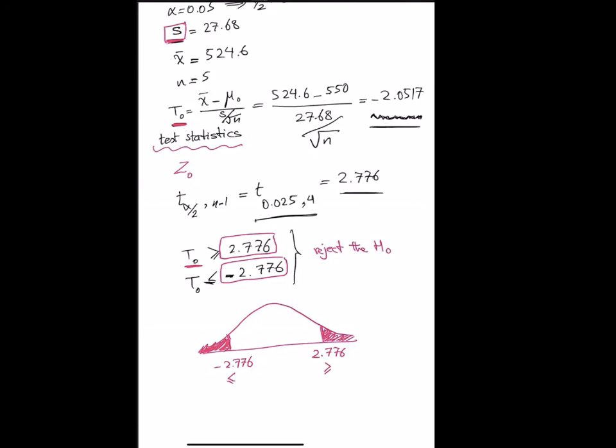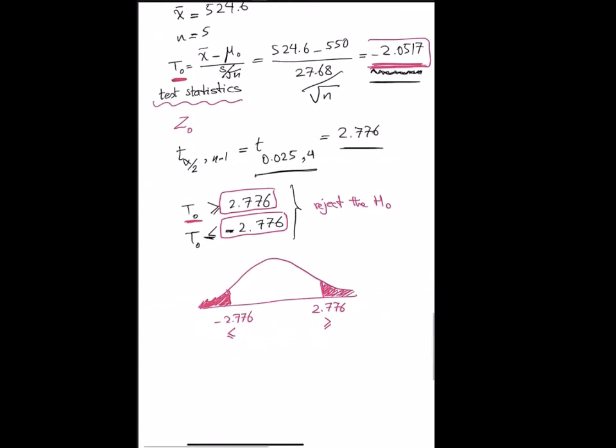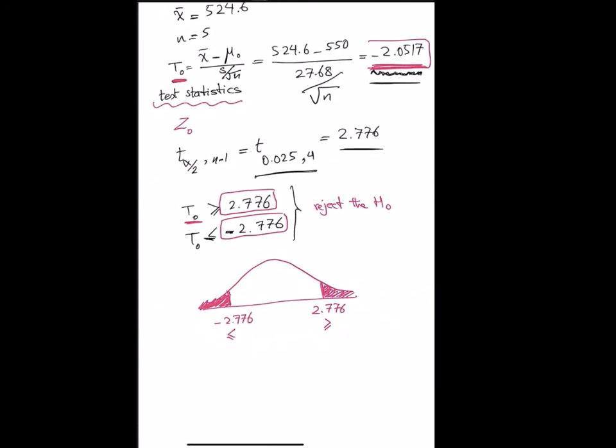And the value I have for the T statistic is minus 2.05. Is it in the rejection area? Is this value for my test statistic, minus 2.05, in the rejection area or in the fail to reject area? Fail. In the not rejection area. Exactly.